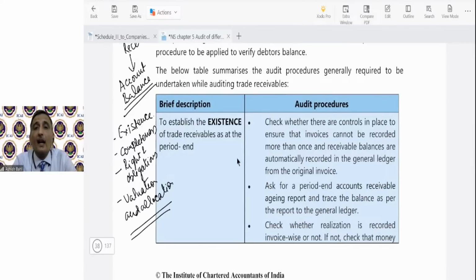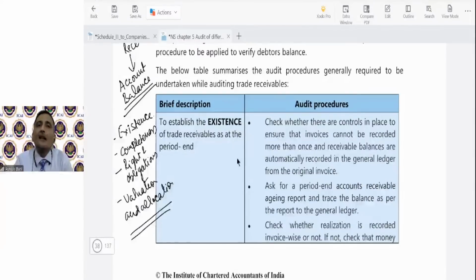And rights and obligations flows out from the first assertion. So if some trade receivable exists, if it is genuine, then it means that the entity has a right to recover the money from that trade receivable.